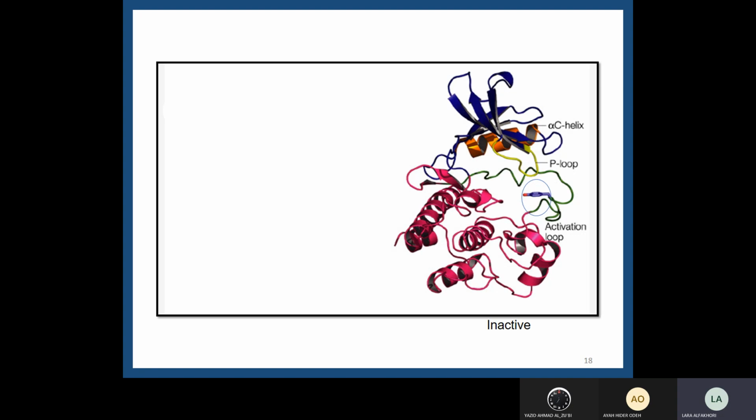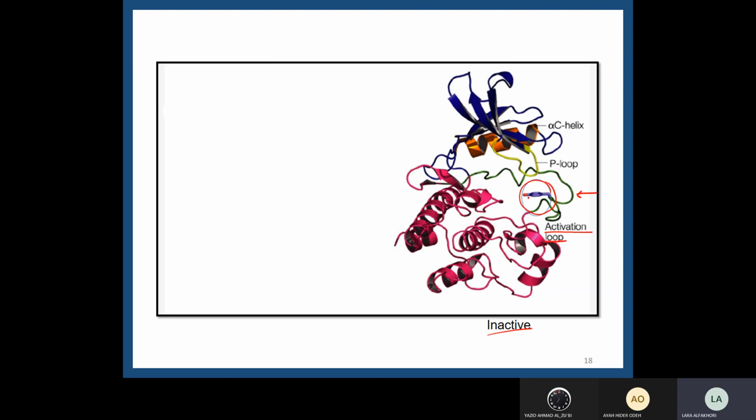Let's look at this enzyme in its inactive conformation. Okay? وin particular خلينا نركز على what we consider or what we call the activation loop. على الactivation loop في الكاينيزز they have يا إما تيروسين أو أحياناً سيرين أو أحياناً ثريونين. Alright?